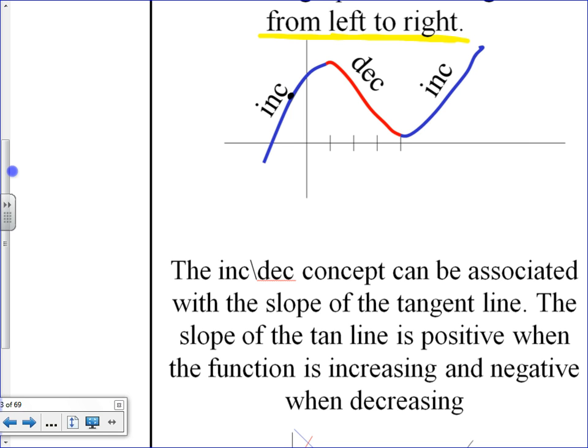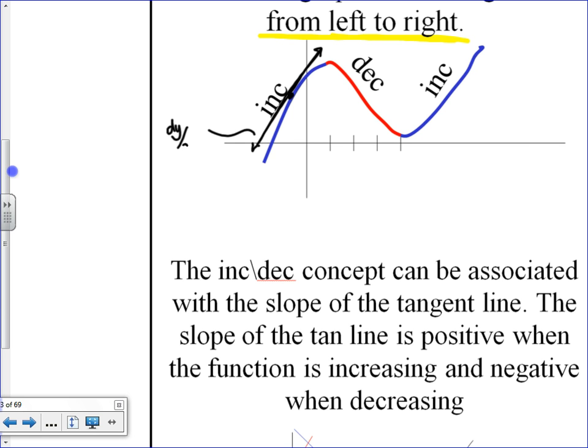Because we are going to be able to make these deductions about how an original function is increasing or decreasing from the signs of the derivative.